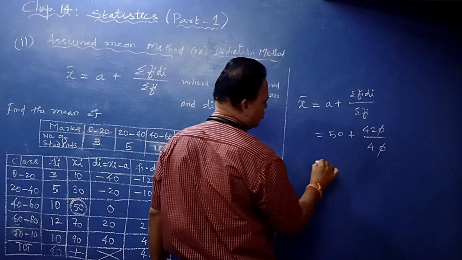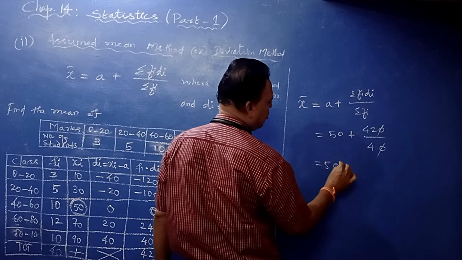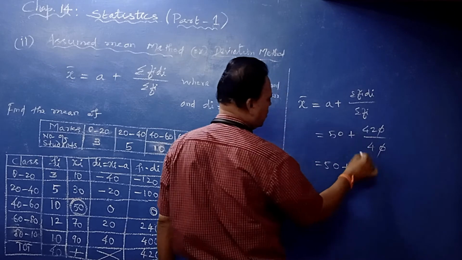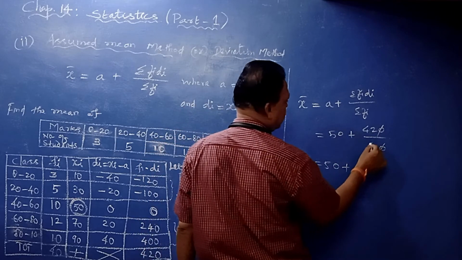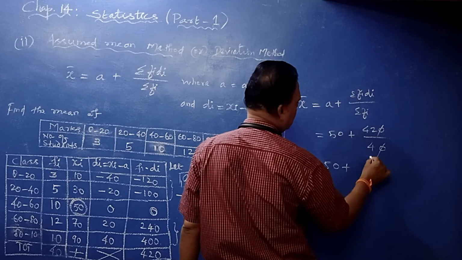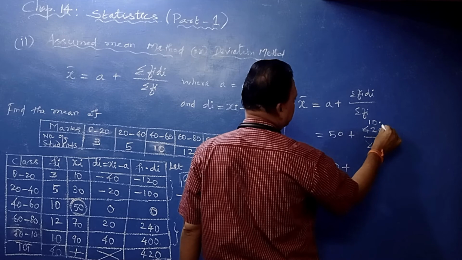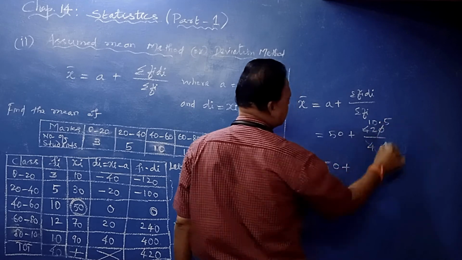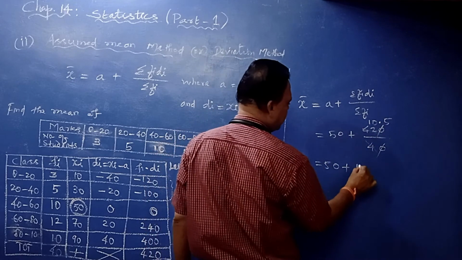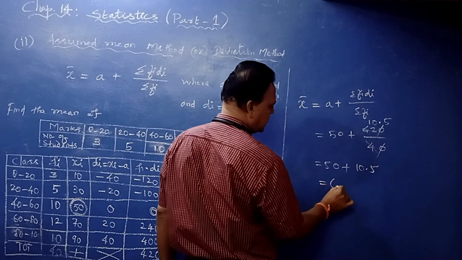So cut it. So 50 plus, in the 4 table, how much will go? That is 42. 4 table 1 time, 0. 0.20 means 5, right? So 10.5. So the mean is 60.5.